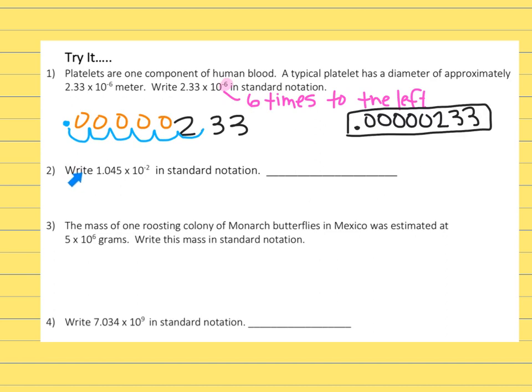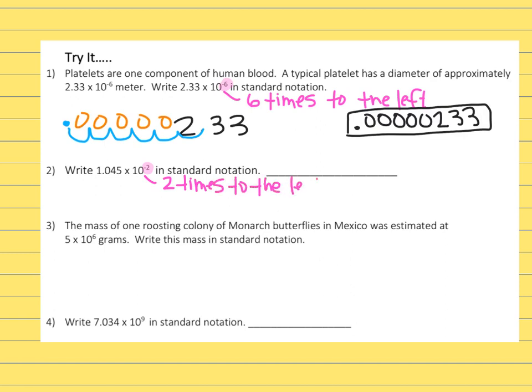The next one says write 1.045 times 10 to the negative 2 or negative second power in standard notation. First thing, check the exponent to see how many times you need to move the decimal point. This says a negative 2. That means I need to move it 2 times to the left.